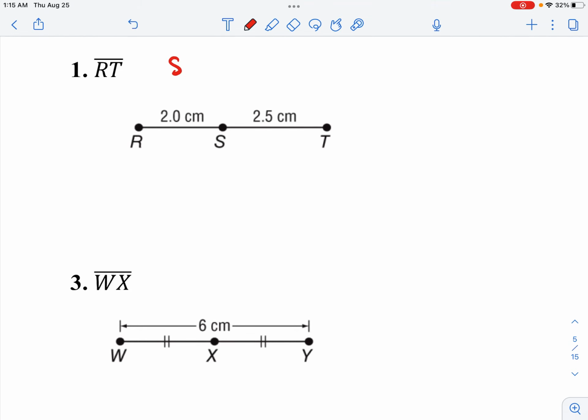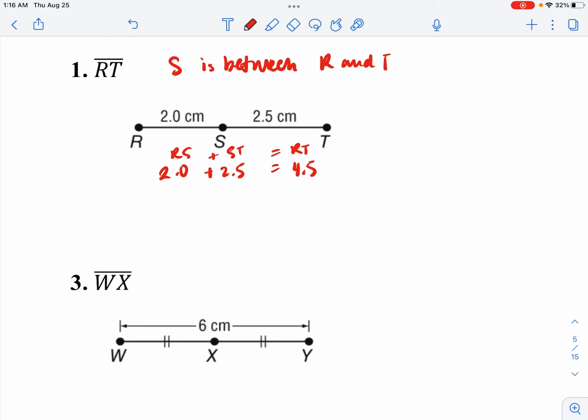And so S is clearly in between R and T. And we want to find this length from R to T. And hopefully this is obvious because all you do is 2.0 plus 2.5 is equal to 4.5, or in other words, RS plus ST is equal to RT. And this is a line segment, so you do not have to put the arrows above it, and we are done.